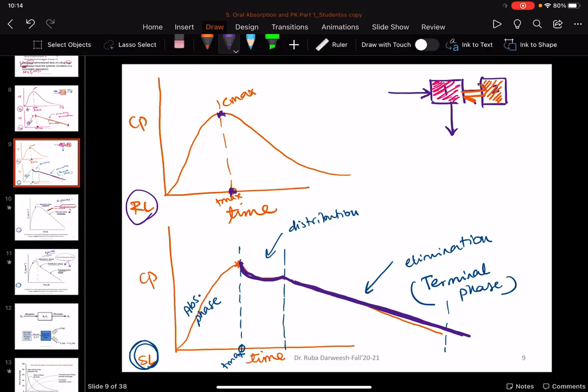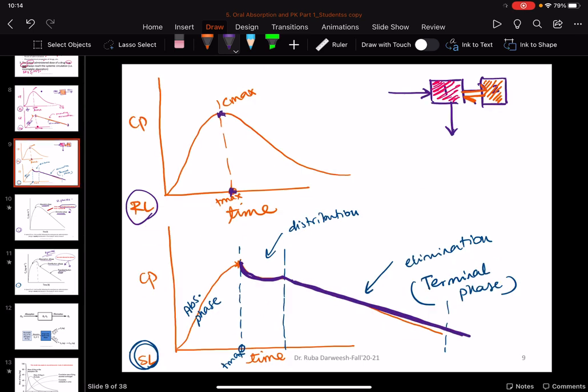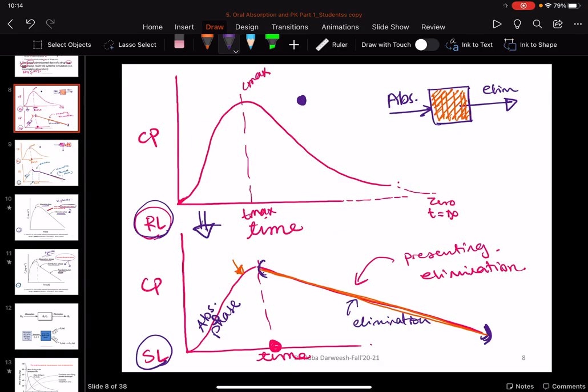Again, just to summarize, when you change it, this is the profile that you have, whether you're talking about one compartment or 2 compartments. After that, you need to detect if you have 1 compartment or 2 compartments. If you have 1 compartment, it means that other than the absorption phase, there is another phase that you can detect kinetic-wise.